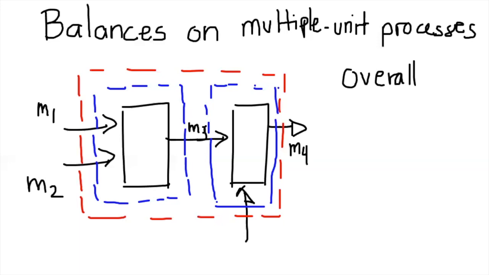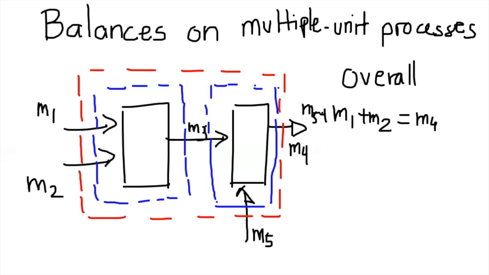So we don't really care about mass 3 here, which is in the middle. And the overall material balance will state that mass 1 plus mass 2 is going to be equal to mass 4. And of course, we have another entrance here that we need to take into account, which let's say is mass 5, right? So we have to take that into account.